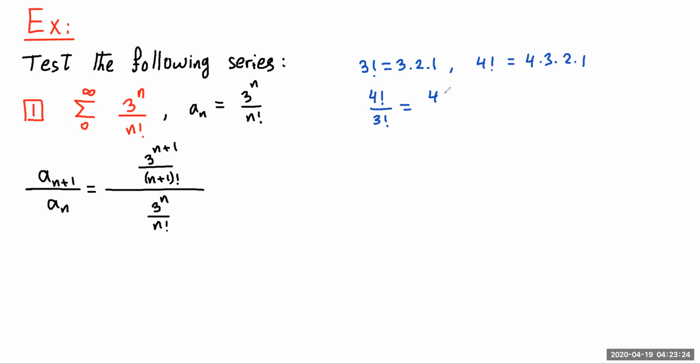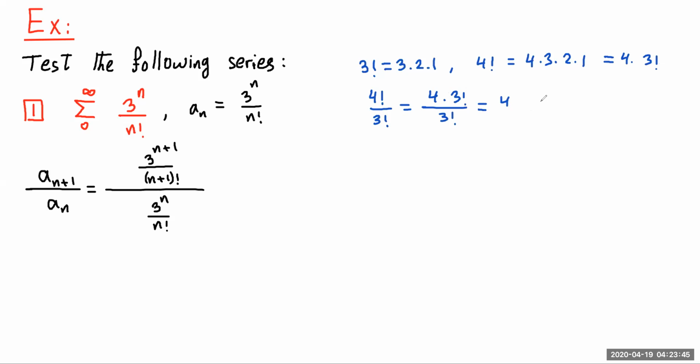Or we can write 4 factorial as 4 times 3 factorial, so after cancellation, it will be 4.